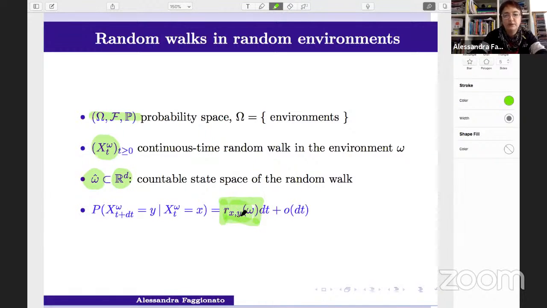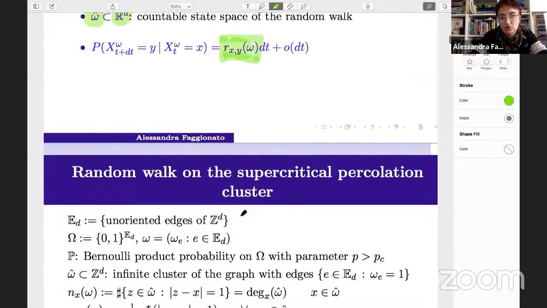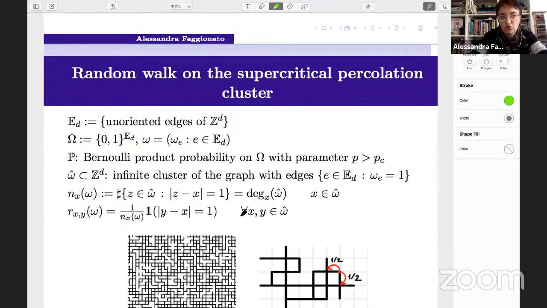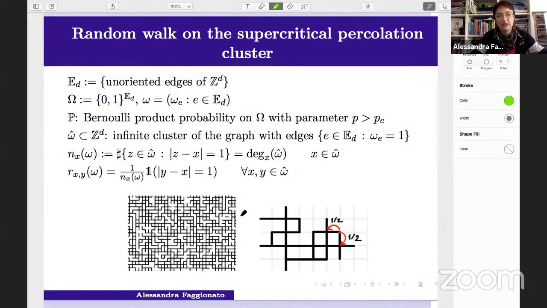In order to state the assumptions and to complete the general setting, let us start with an example. A guiding example is the random walk on the supercritical percolation cluster. Let us consider the lattice Z^d, and denote by E_d the set of unoriented edges of Z^d. To each unoriented edge I attach a number which is 0 or 1.